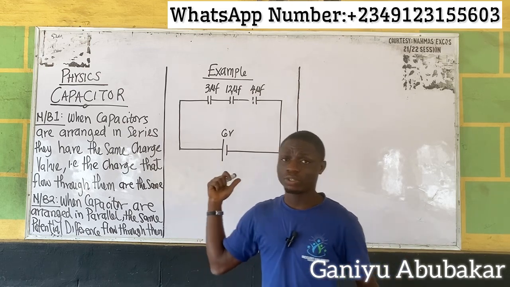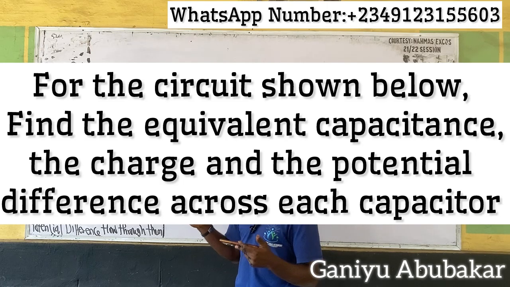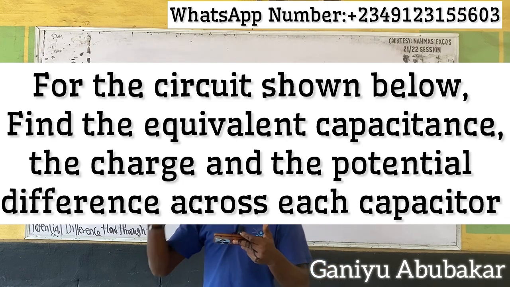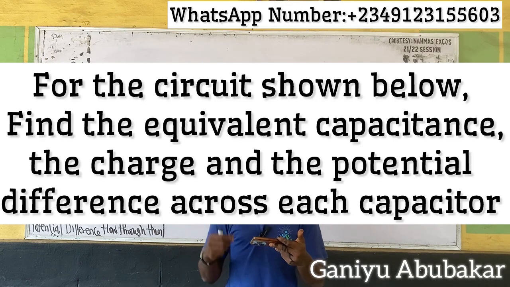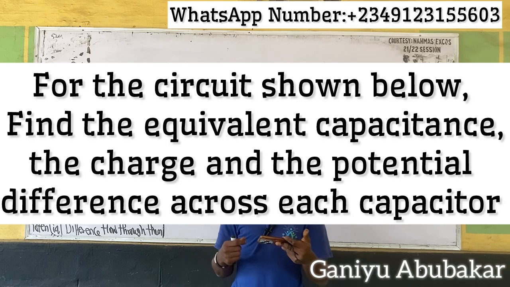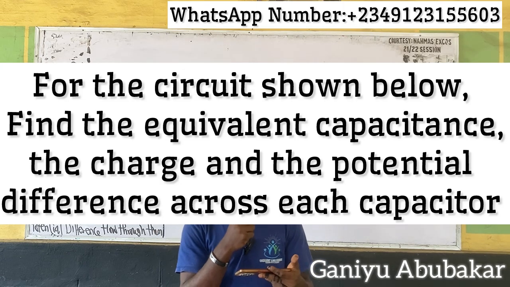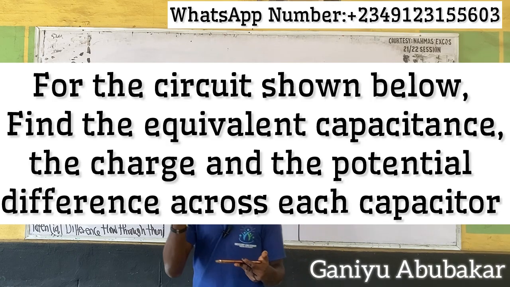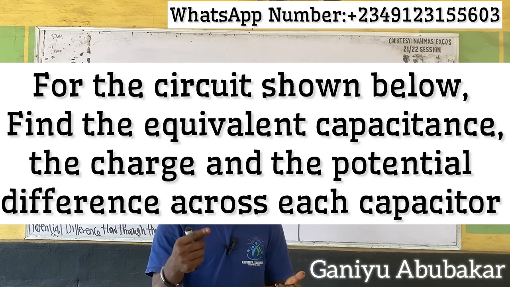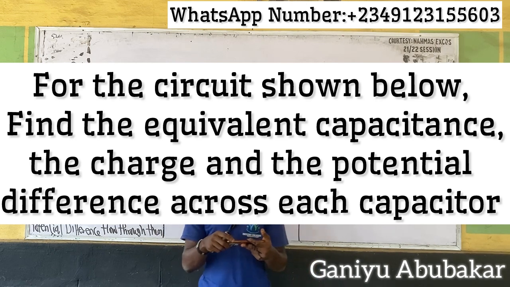The question attached to this diagram says: for the circuit shown below, find the equivalent capacitance, the charge, and the potential difference across each capacitor. All right, let's get it done, please.